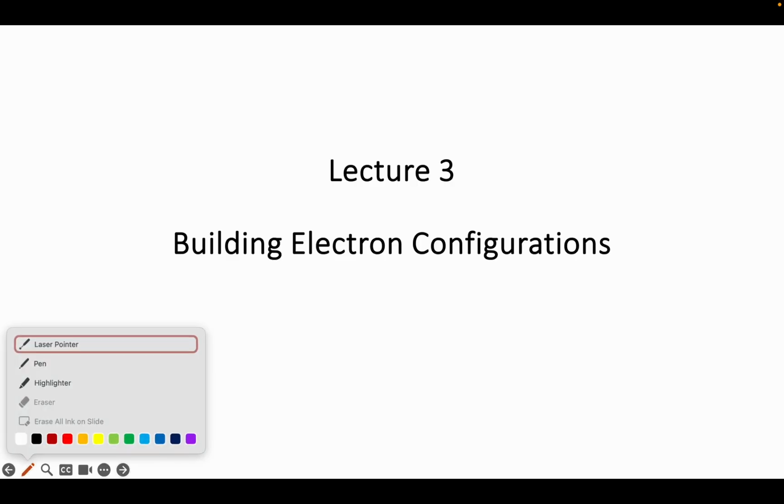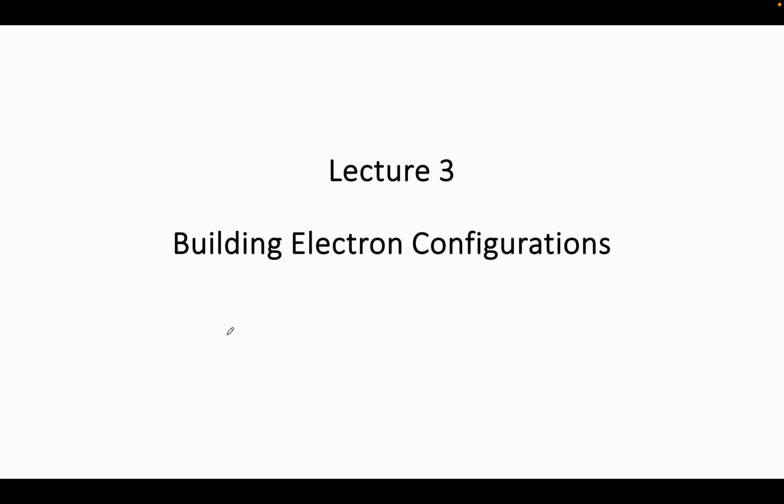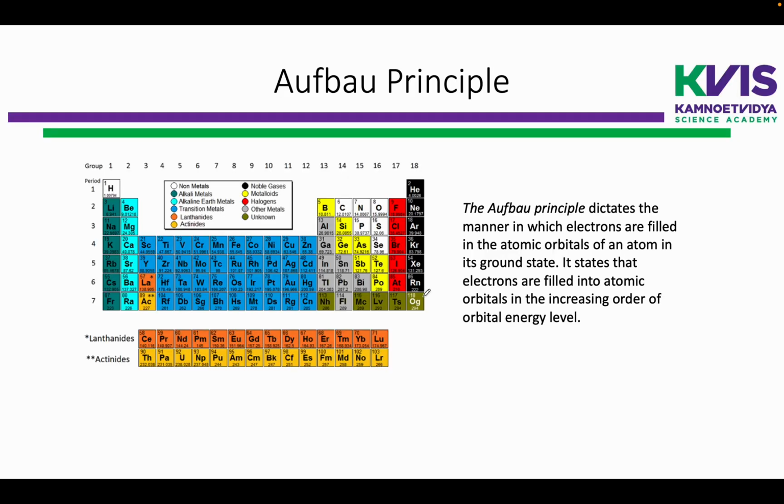All right, let's continue on with building electron configuration. Elements in the periodic table can be divided into several blocks. Here I have the S block elements, the P block elements, the D block elements, and the F block elements.